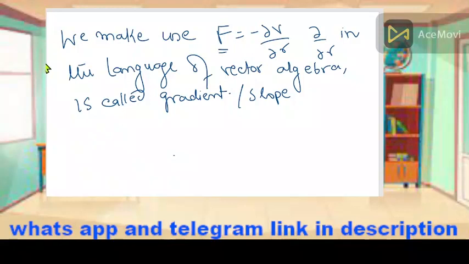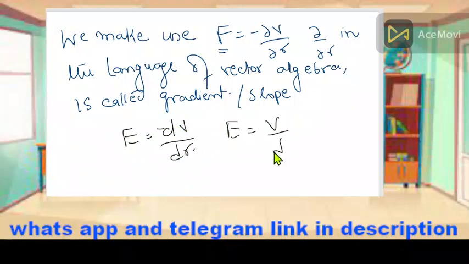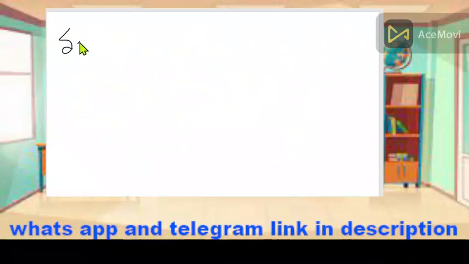Now by a similar formalism, we have the definition of electric field as E is minus dV upon dr. This we also know. Or many times we write V upon d. So it is the variation of potential with space. This is the definition that we use.